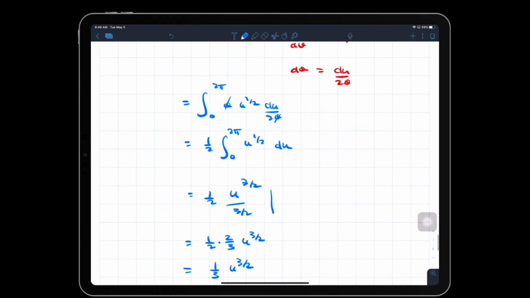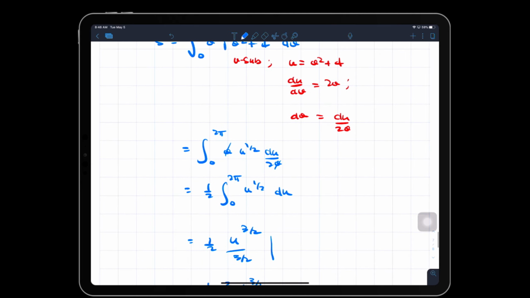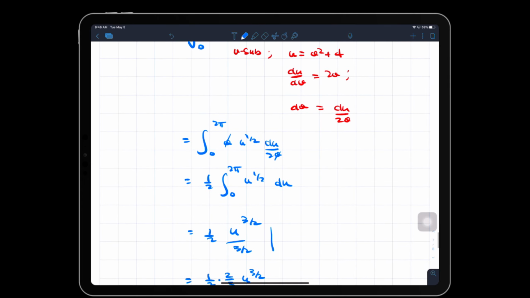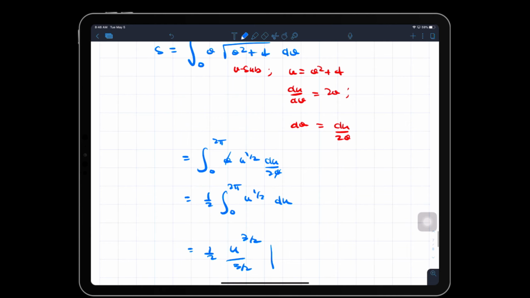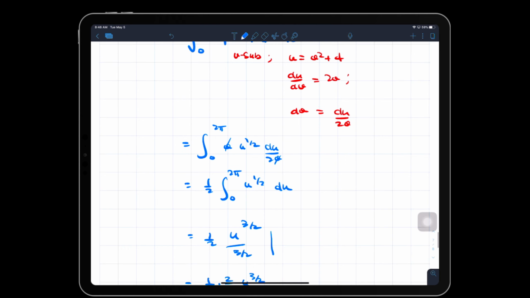Now I can do a few things. I can put this back, right? What is u again? It's theta squared plus 4. Well, here's what we can do. Let's look at the limits here, right? This is theta, and this is theta. So since u is theta squared plus 4, when I plug in 0, I get u is 4.